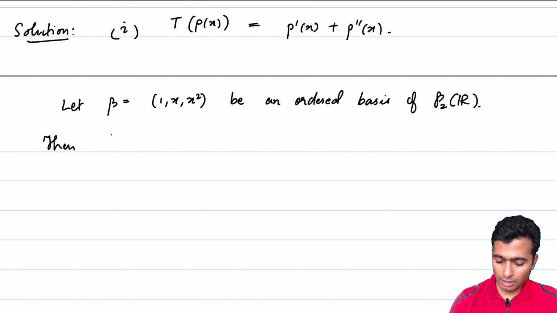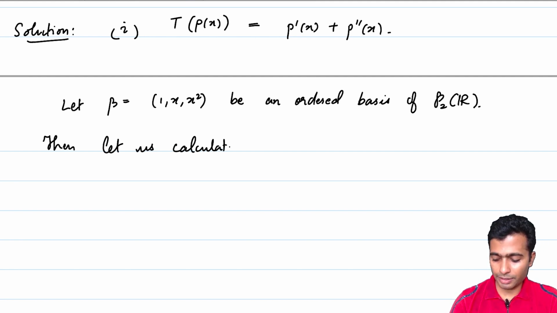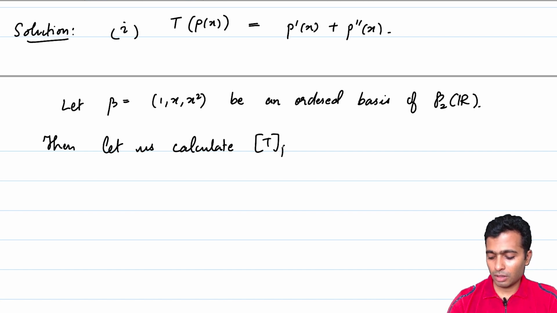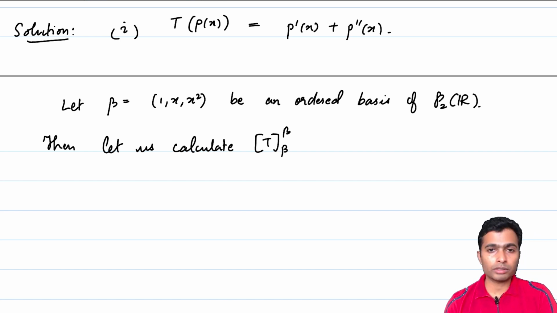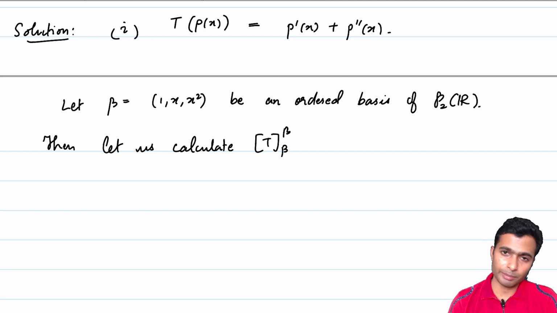To do that, let's see what is the column representation of each of the vectors in beta.